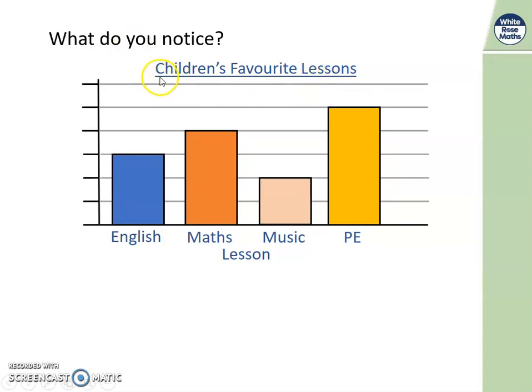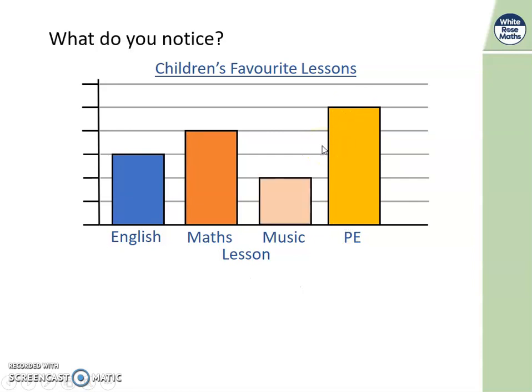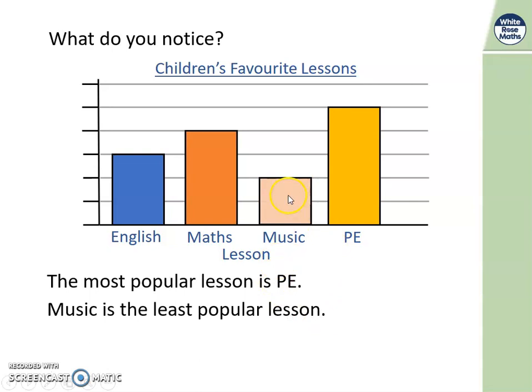The data that we are representing is children's favourite lessons. We can see that PE is the most popular lesson because more children have voted for PE. What is the least popular lesson? Well done. Music is the least popular lesson because it has the least amount of votes.